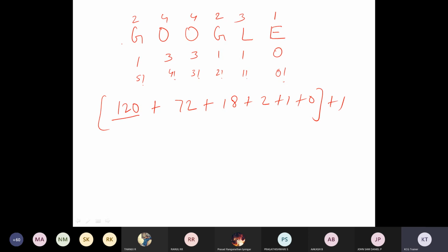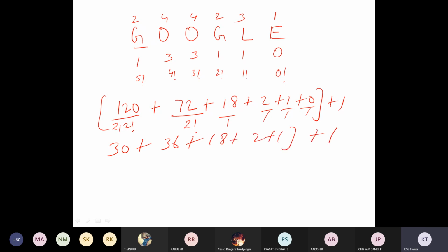So from the first one, if you consider the first letter G, including the G, there is a repetition of 2 G's and 2 O's. From the next one, there is a repetition of only 2 O's. Third one, 1, fourth one, fifth one, sixth one. So 120 divided by 4 is 30, plus 36 plus 18 plus 2 plus 1. 66 plus 86, 87, 88.